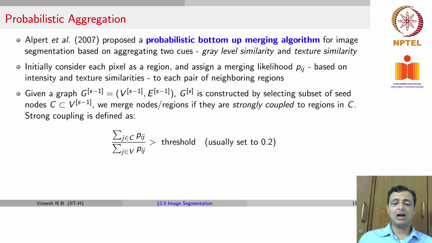Now, given a graph in a particular iteration, let's say the (s-1)th iteration, the graph is given by a set of vertices V^(s-1) and edges E^(s-1).